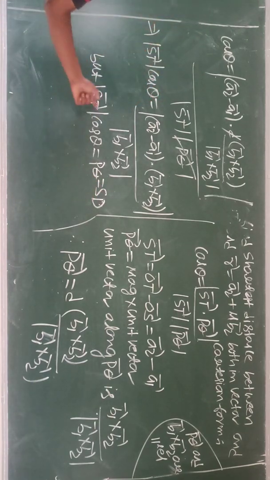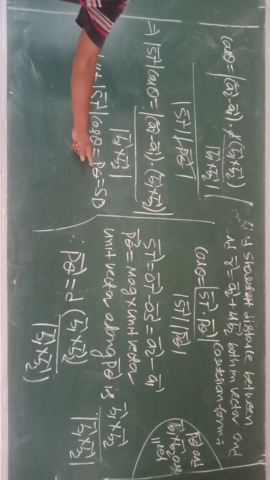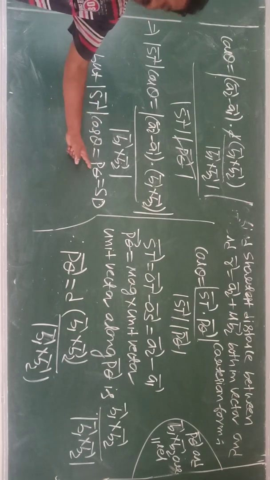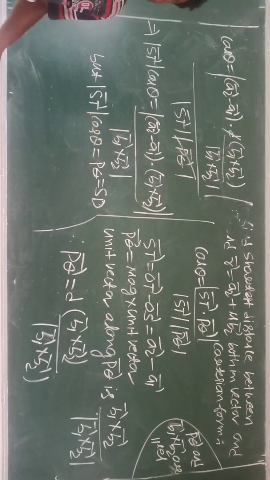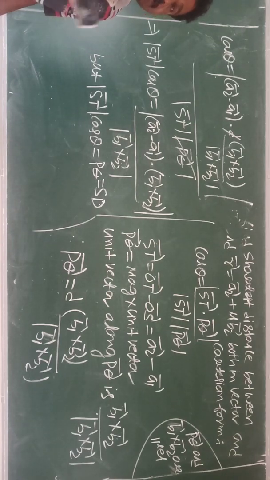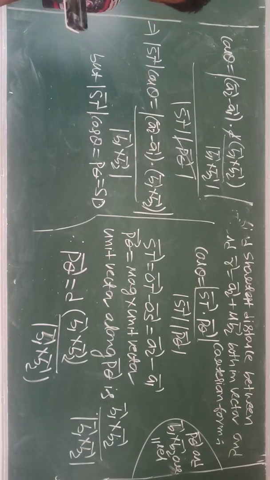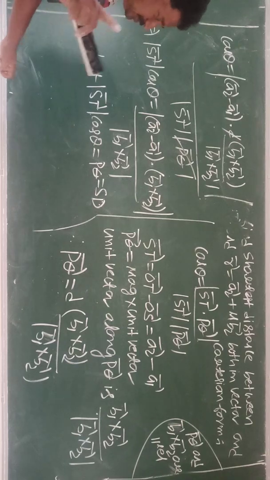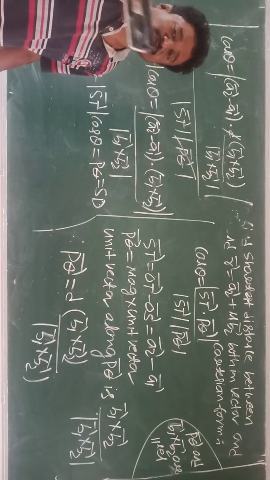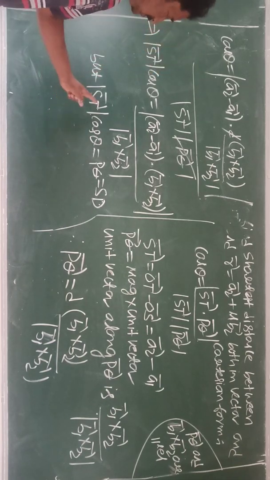How does ST cos theta become PQ? I told you about projection. What is the projection of ST on PQ? You go for the projection formula. Projection of ST on PQ is equal to ST cos theta, so you get PQ is equal to ST cos theta.